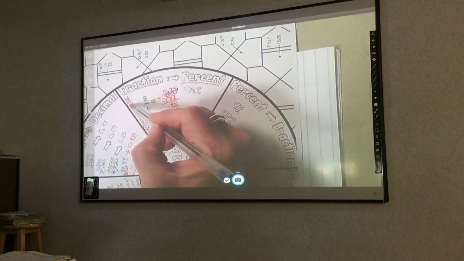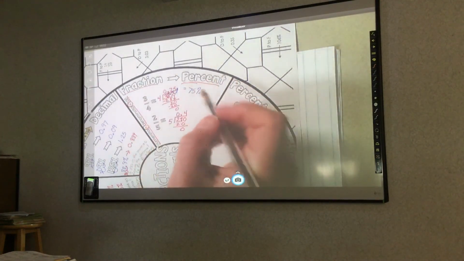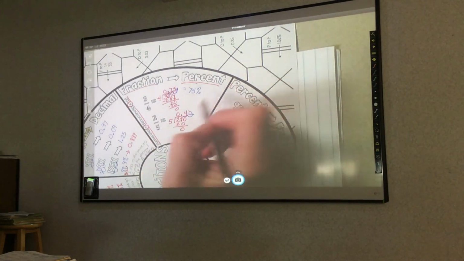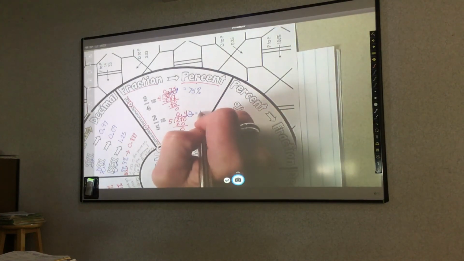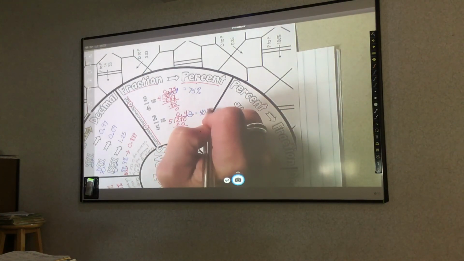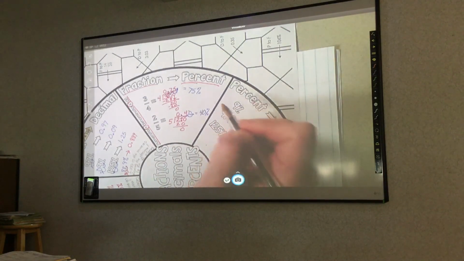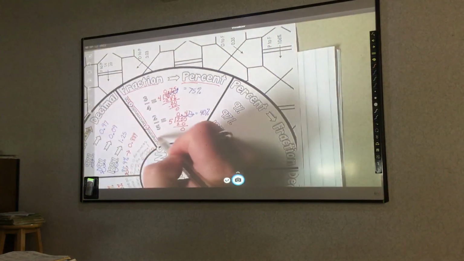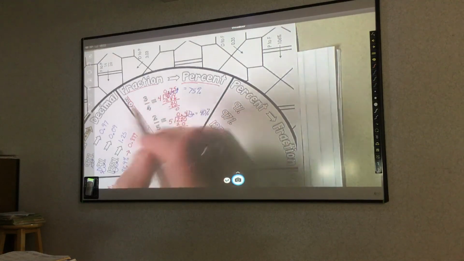But I need to multiply it by 100, so I'm going to move it 2 to the right. Add a 0 in that place value, and now it's 40%. I don't have any other notes to write down here because I've underlined it here.